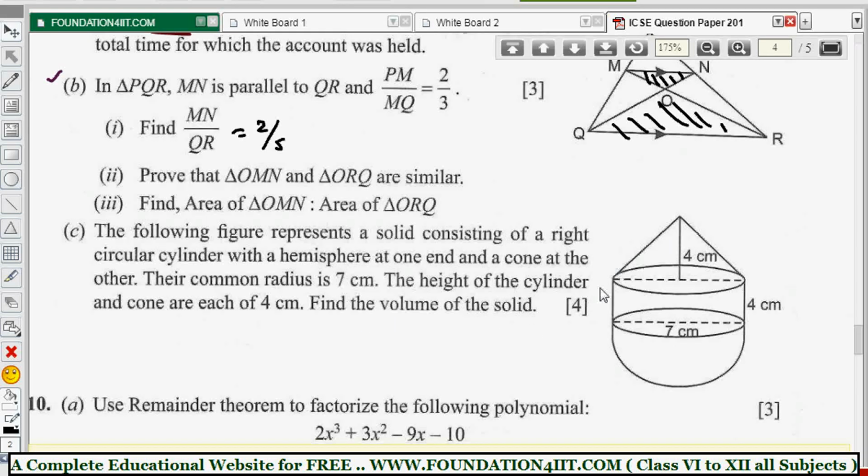If you want to find the volume of this, we need the volume of the cone plus volume of the cylinder plus volume of the hemisphere. Okay, this is the cone, cylinder and hemisphere. If you add these three volumes, we will get the total volume. So let's see this.